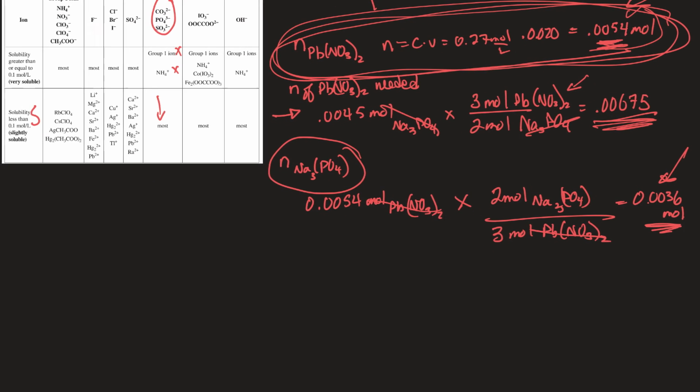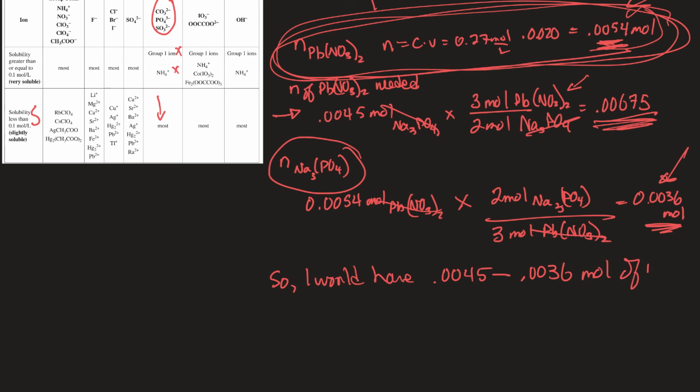This is a complicated question. So I would have 0.0045 minus 0.0036 moles of the sodium phosphate left over. Cool. So that would be 0.0009 moles left over.